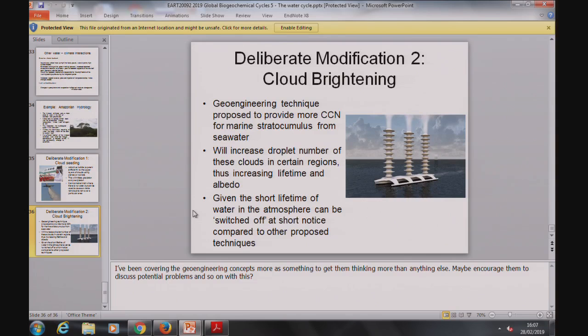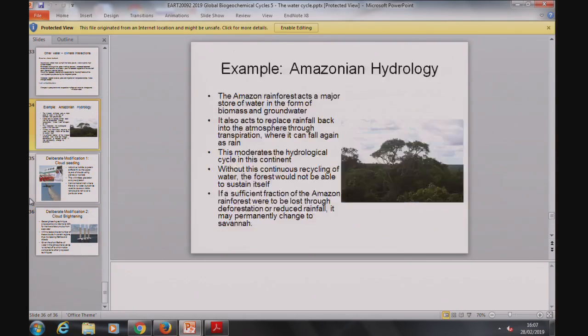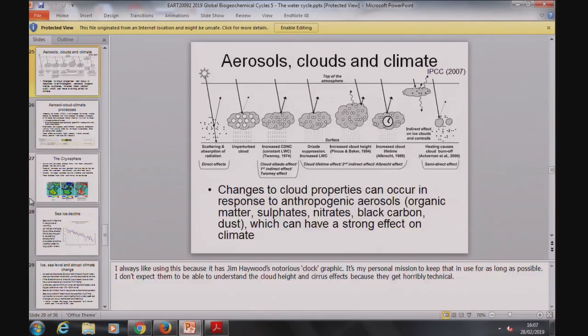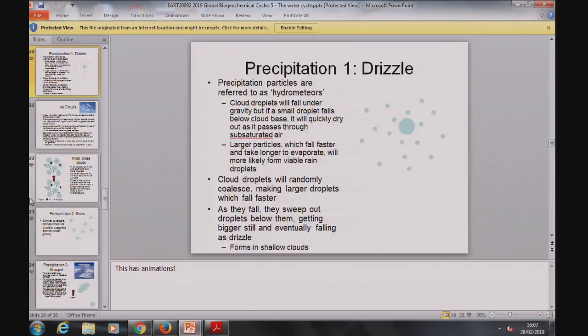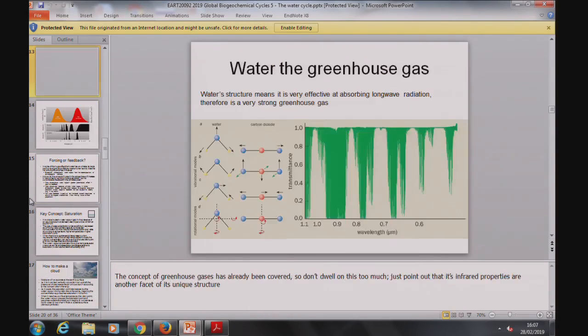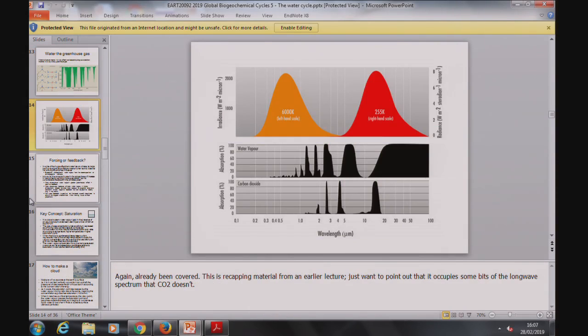Well, the basic result is the absorption dependence on wavelength. Some of these will be due to vibration, and some of them will be due to rotation. And you could have different frequencies too.